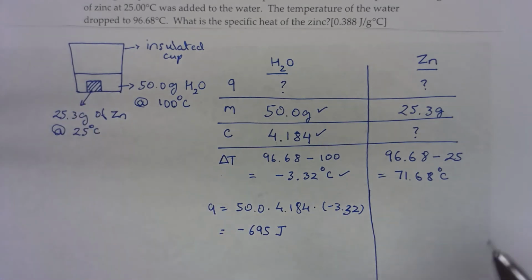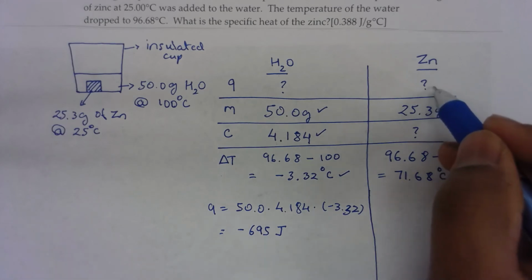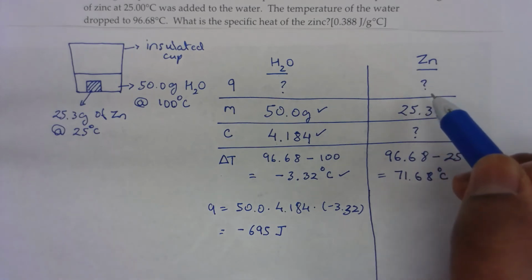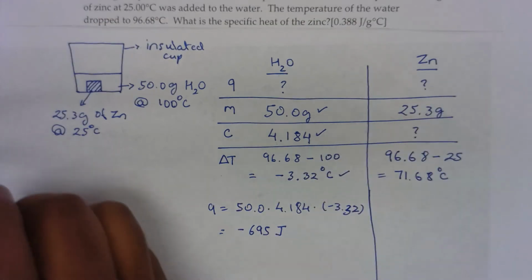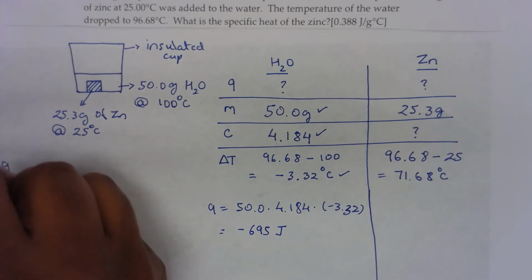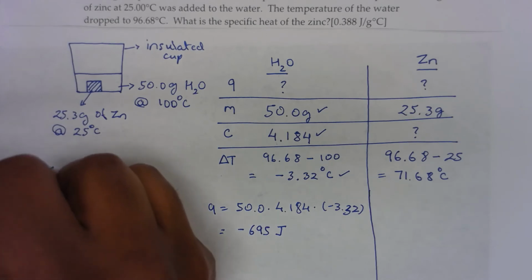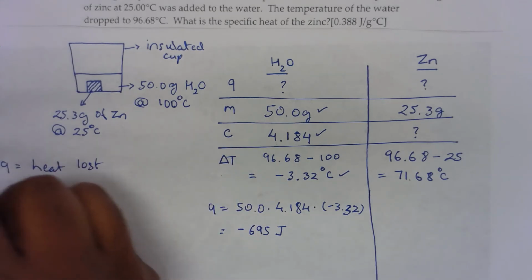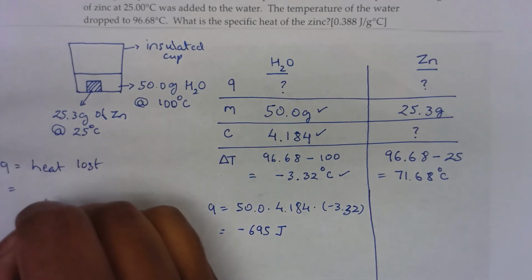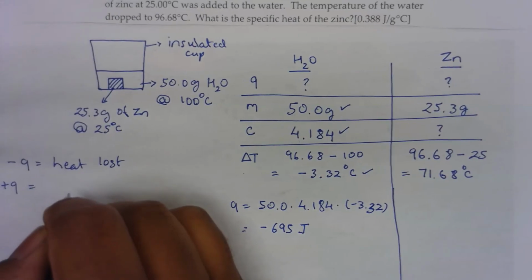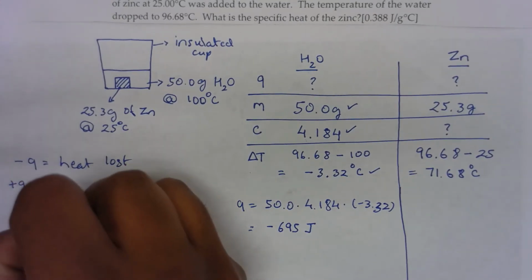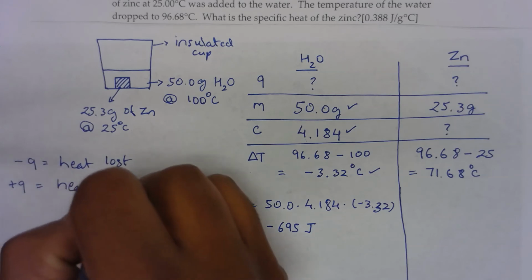So now, turns out we know what the value of this Q is. But the only thing is, it has to be positive. So on the side, let's note down that a negative Q means heat lost, and a positive Q means heat gain.